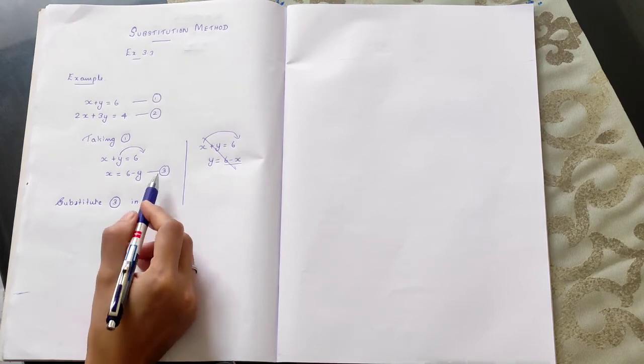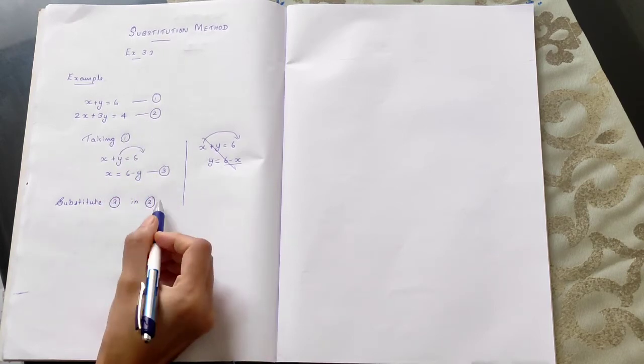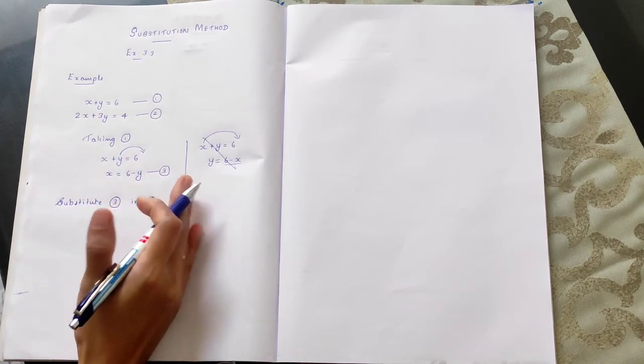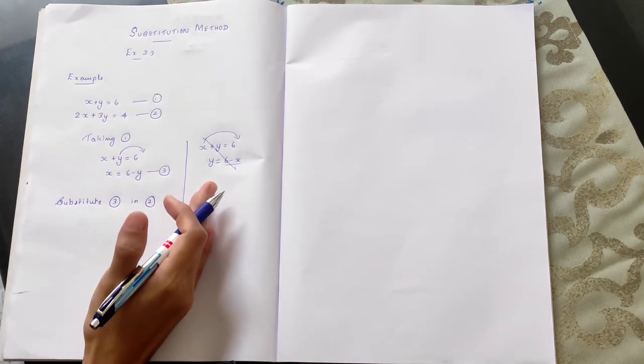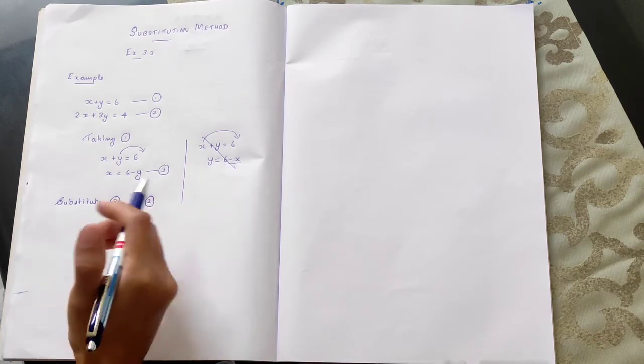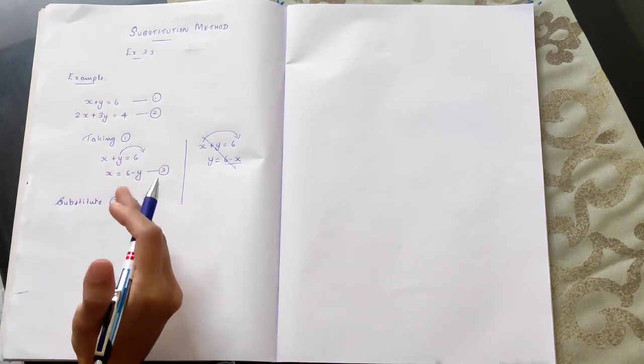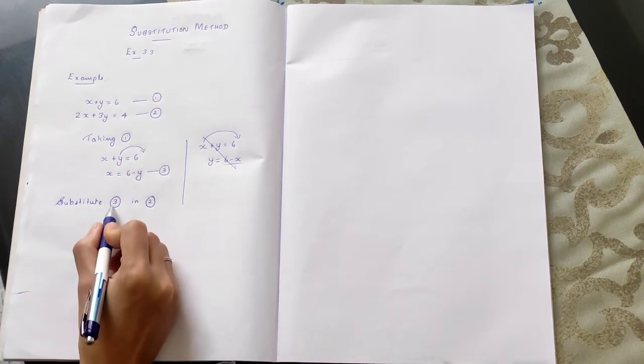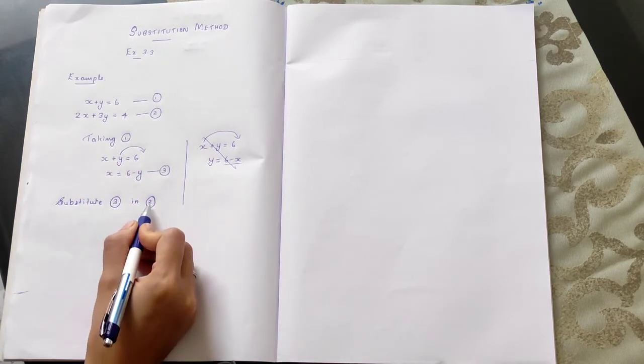So don't take equation number 1 here, because we have changed equation number 1 to another form and we got equation number 3. Again, don't take equation number 1 for substitution. Take the other equation, that is, substitute equation number 3 in equation number 2.